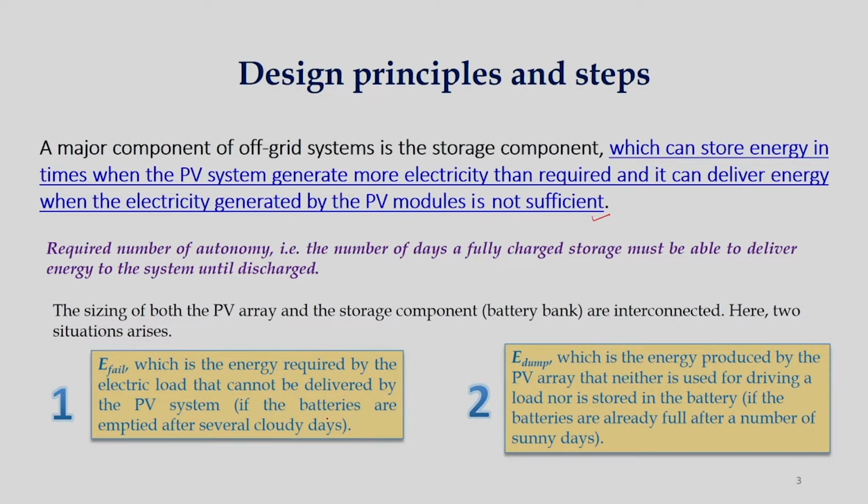And the second terminology is E dump, which is the energy produced by the PV array that is neither used for driving a load nor stored in the battery. That means the batteries are already full after a number of sunny days. These two situations we need to understand very critically.